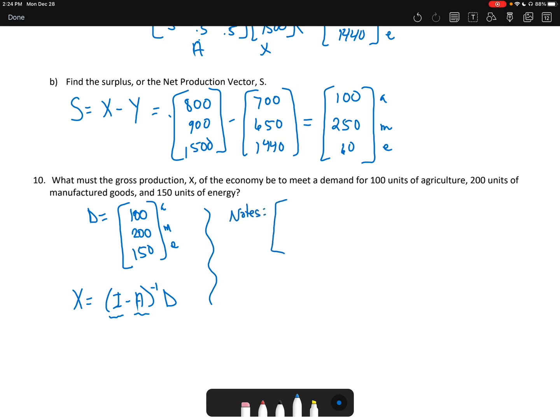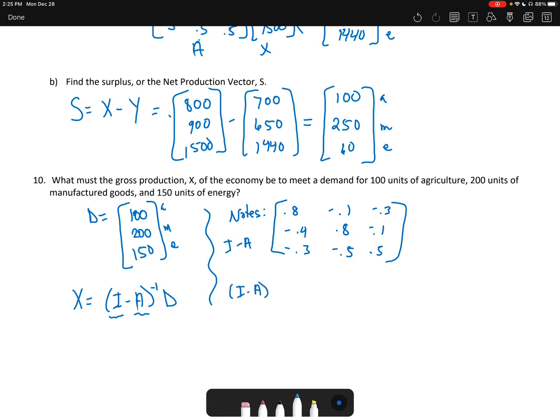You can tell me things like, when I did I minus A on my calculator, I got 0.8, negative 0.1, negative 0.3, negative 0.4, 0.8, negative 0.1, negative 0.3, negative 0.5, and 0.5.